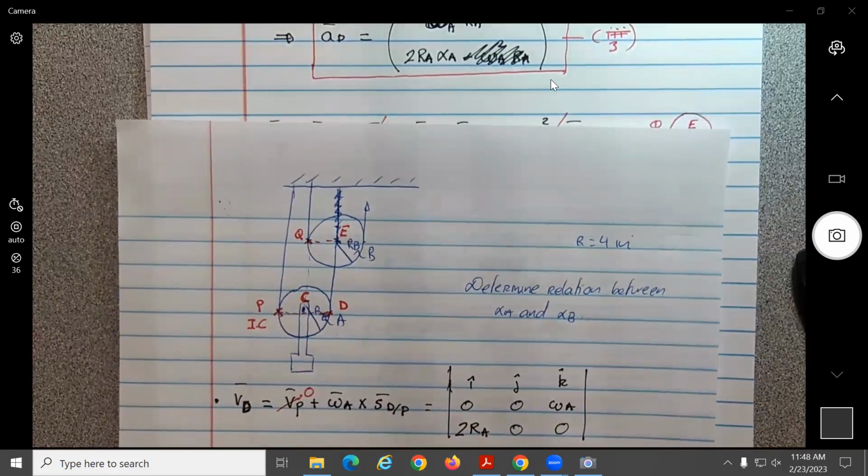Pulley A, what type of motion is pulley A having? Rotation? Okay, I agree. Does it have translation? Does that one move in translation or not?